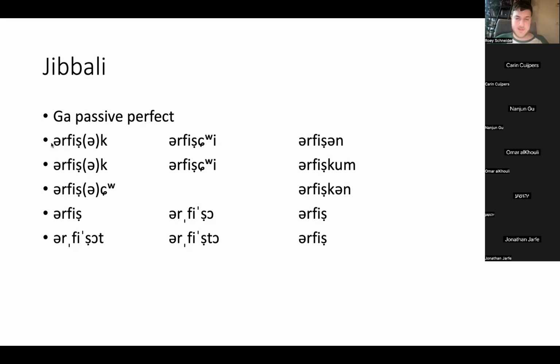You can see that there's what seems to be an epenthetic vowel at the beginning of this form. But this vowel is thought to be epenthetic also because it does not appear in other Modern South Arabian languages, or at least in the Western ones.